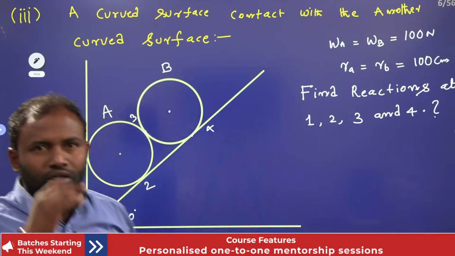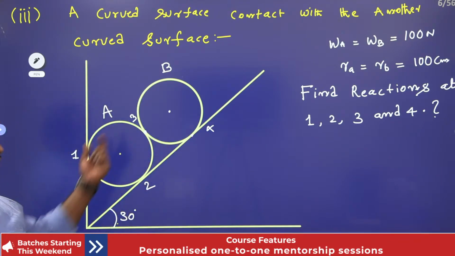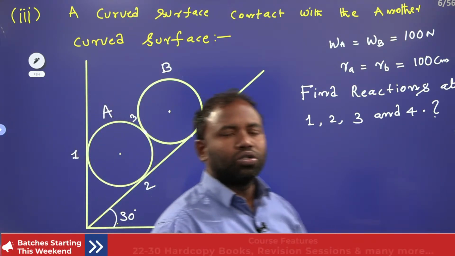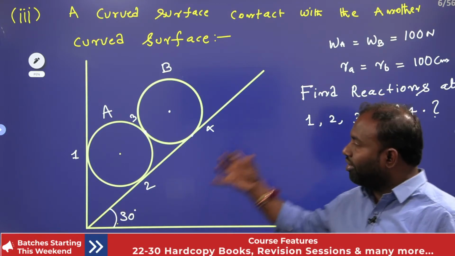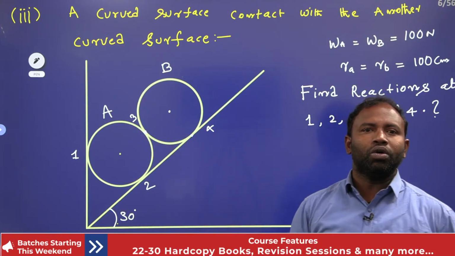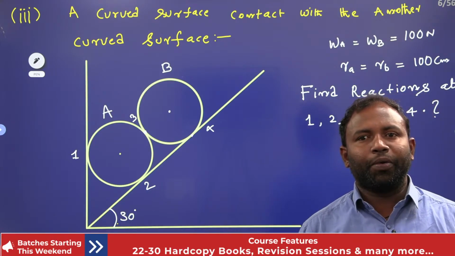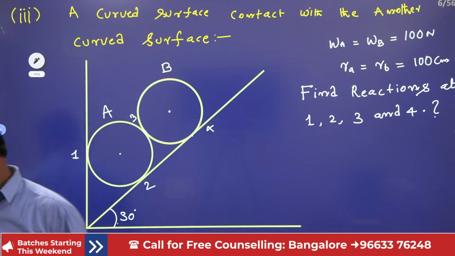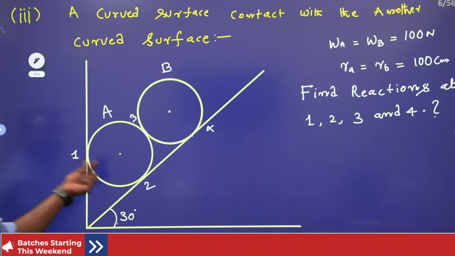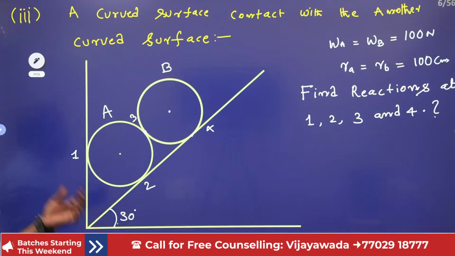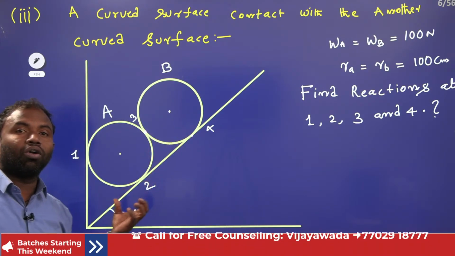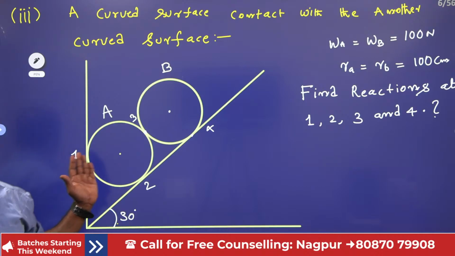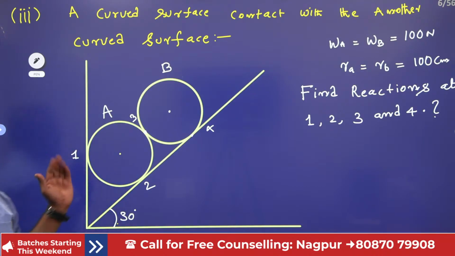Okay, right. So whenever two curved surfaces are in contact with each other, how to solve the problem and how to find out the reaction, that is what I am going to explain to you. Hope you understand, right? If you observe, 1, 2 and 4 are in contact with a flat surface, right?